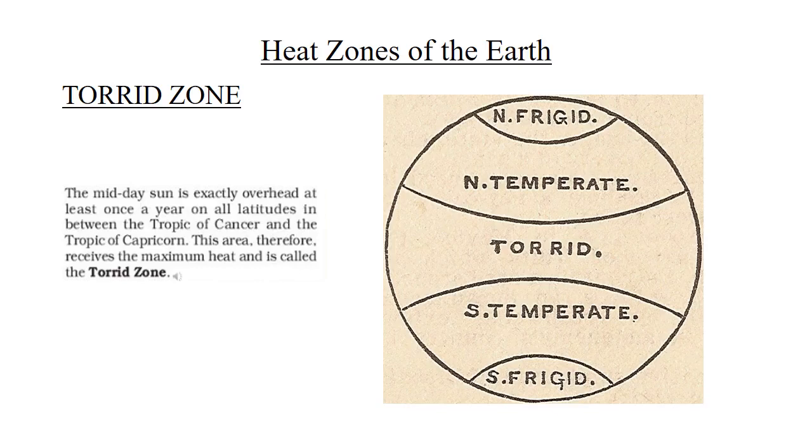The midday sun is exactly overhead at least once a year on all latitudes between the Tropic of Cancer and the Tropic of Capricorn. It means all the area which lies between the reference points of 23.5 degrees north and 23.5 degrees south. These areas receive the maximum heat.